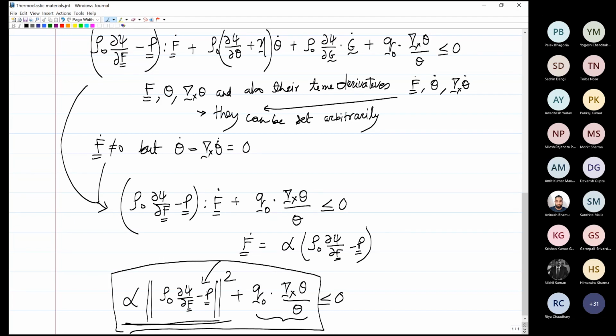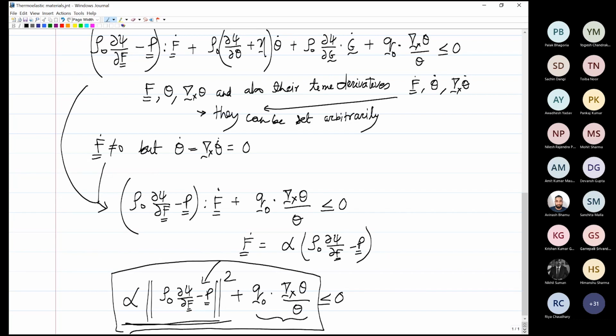Is it a positive number or negative number? We don't know. But whatever it is, you can always choose your alpha to be a very large number so that it dominates, and so the left hand side becomes more than 0, right? So in that case, it will then violate the entropy inequality.